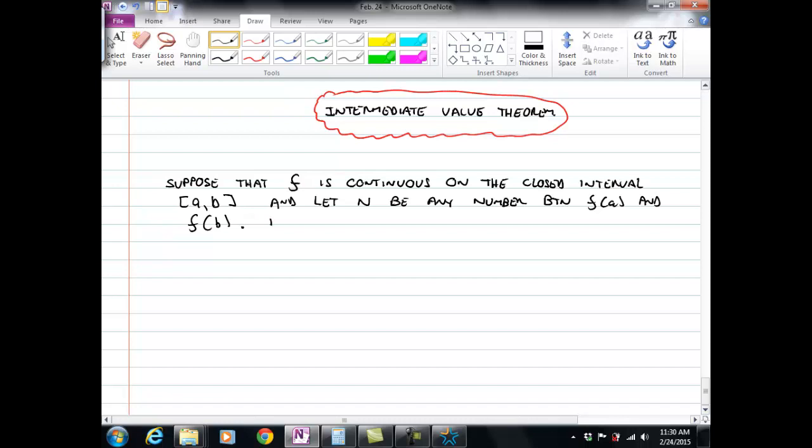Then there exists a number c in (a, b) such that f(c) equals n.